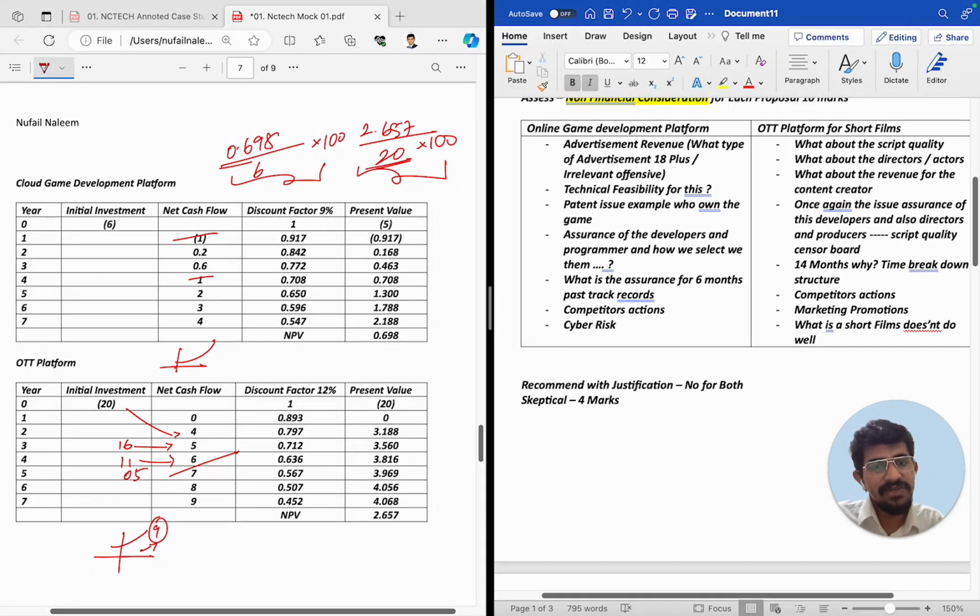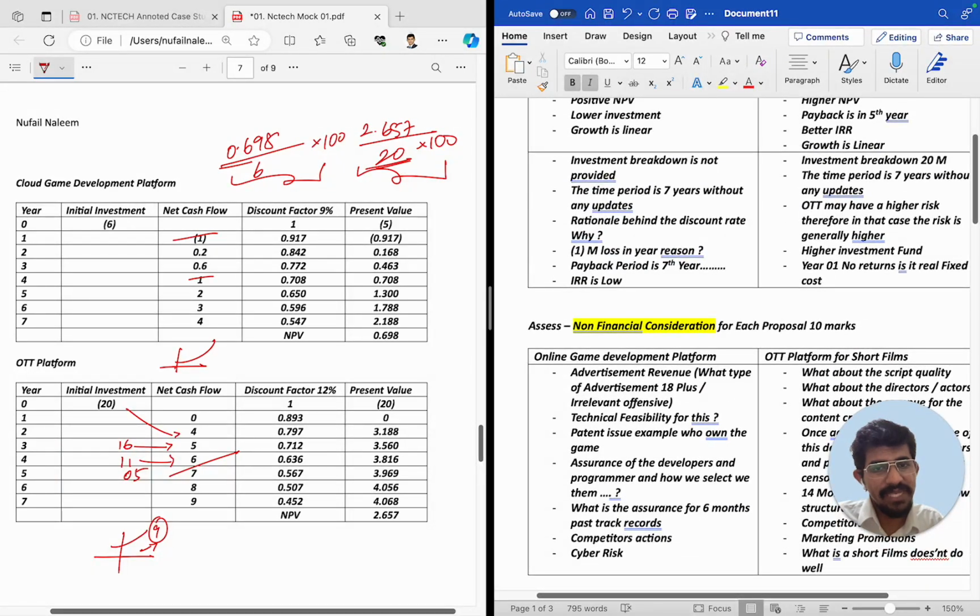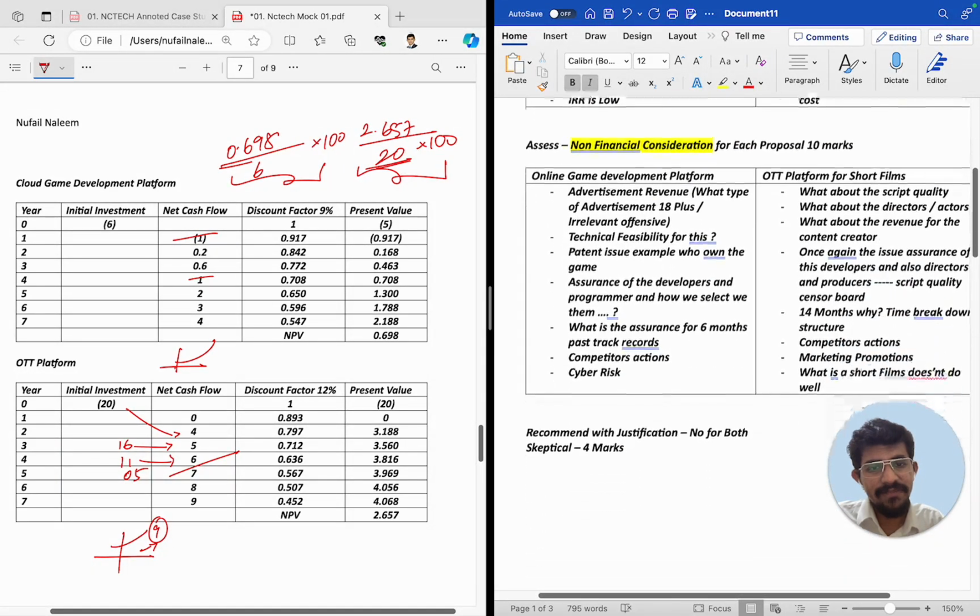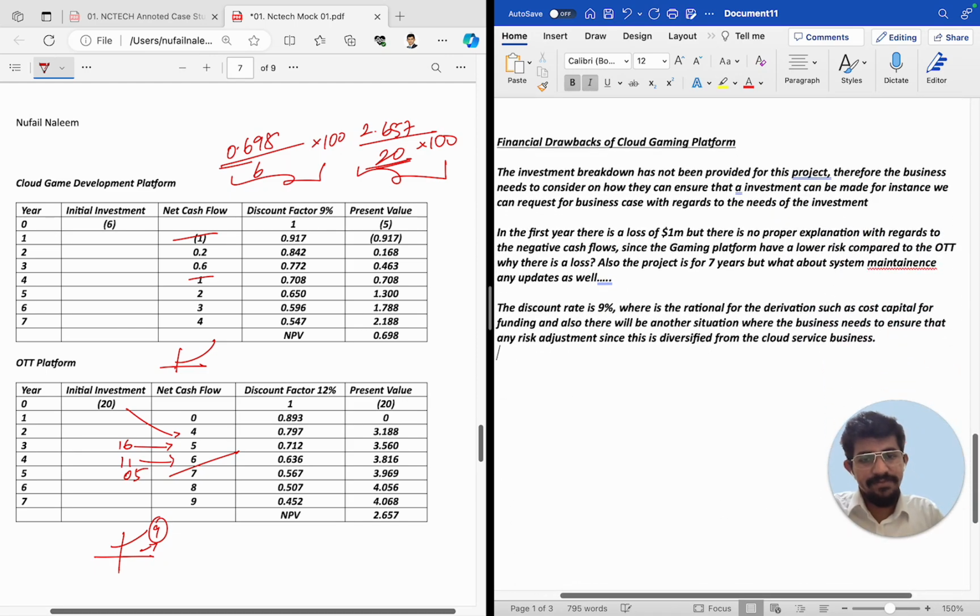And then, students, just to give you the next glimpse so that it will be very clear, I'll write down here the payback period. It is the 7th year, which is very long and high risk as well, because there is a high level of disruption in this sector.